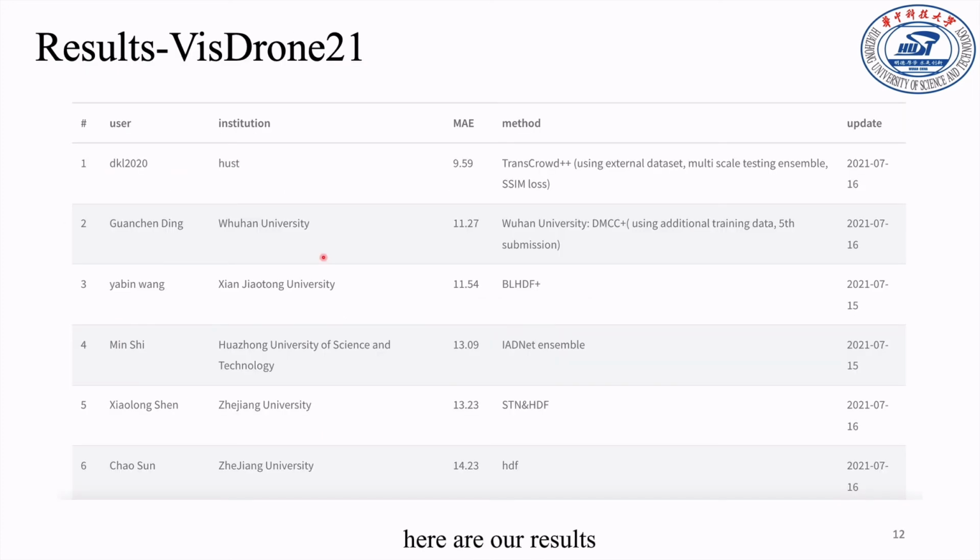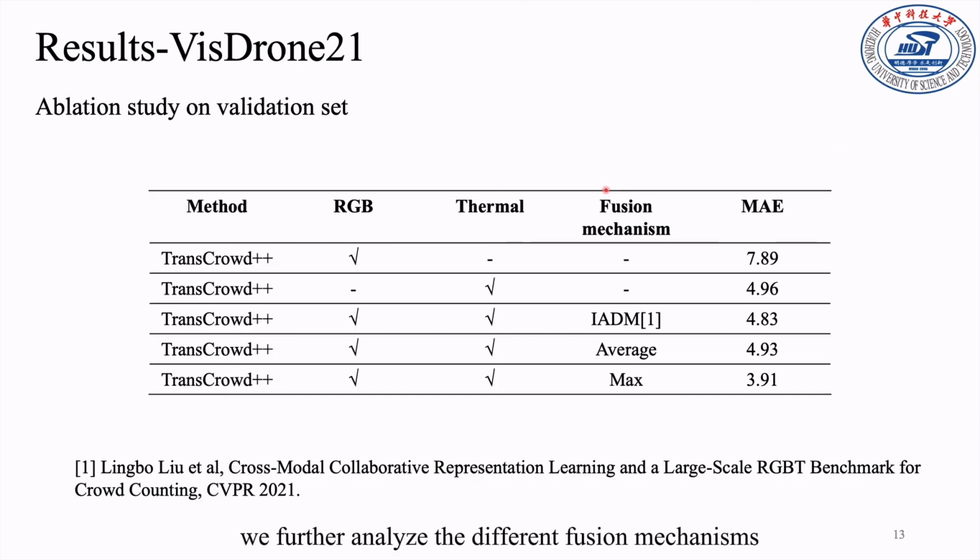Here are our results. We got first place in this challenge, reporting a 9.59 mean absolute error on the test set. We further analyze the different fusion mechanisms. Using only RGB images, we cannot achieve a considerable result because the dataset contains many images from extremely dark scenes.